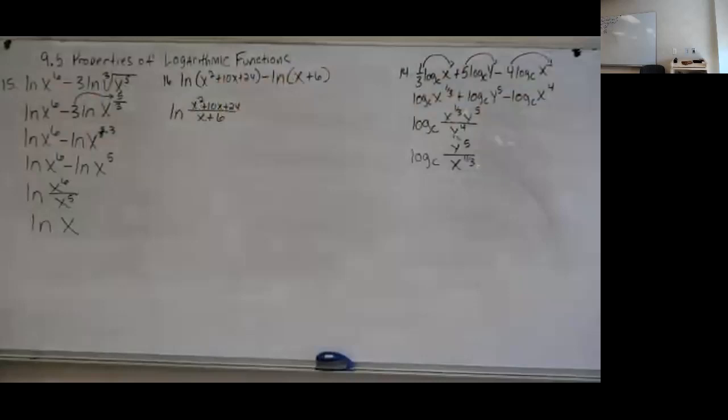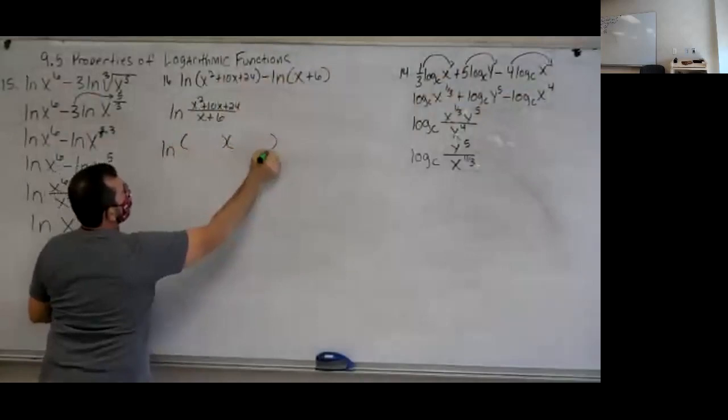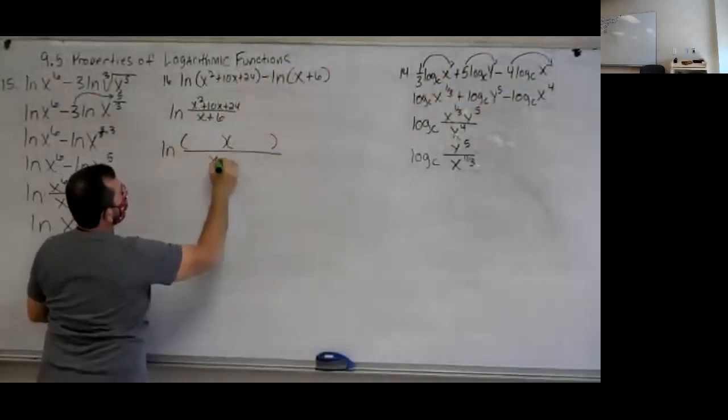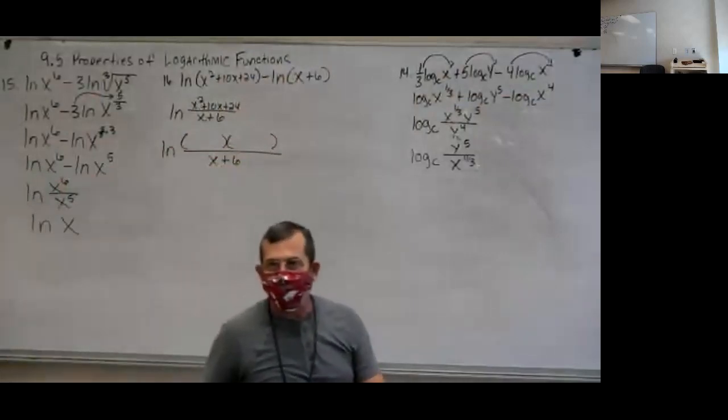But y'all, we're not done. I need to see if that fraction will simplify. And the only way to tell if this will simplify is I got to take the top of this and factor it. I know the bottom don't factor because it's just an x plus 6 down there, okay? X squared plus 10x plus 24 will factor.